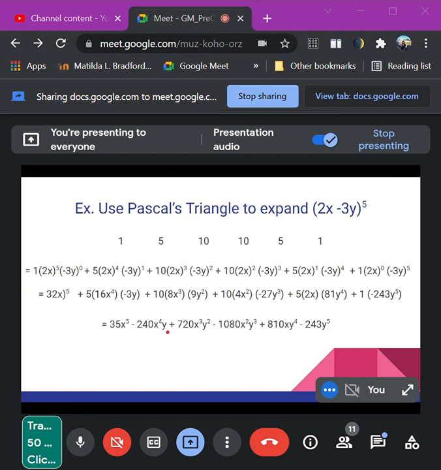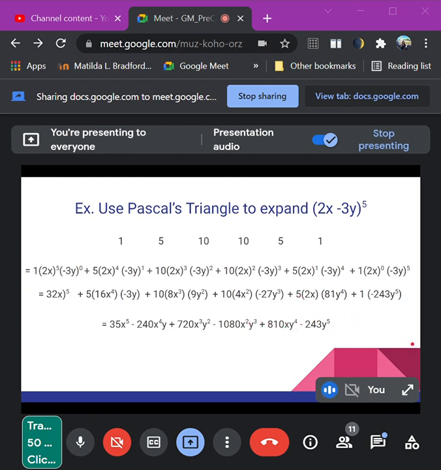Or y lang siya. Then here, multiply ra pod nimo siya. 10 times 8, and then times 9. That is 720. Okay? And now, you have there for the next one. Kanina siya, 10 times 4, 40, and then times negative 27, that is negative 1080, x squared y cubed.